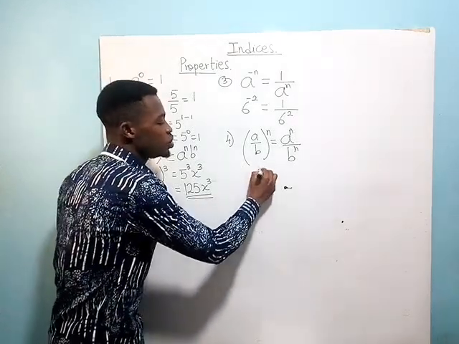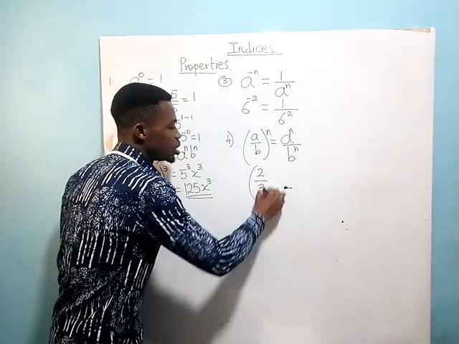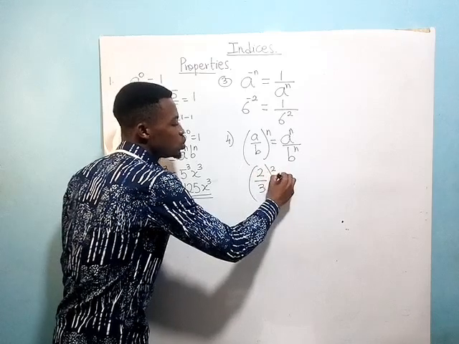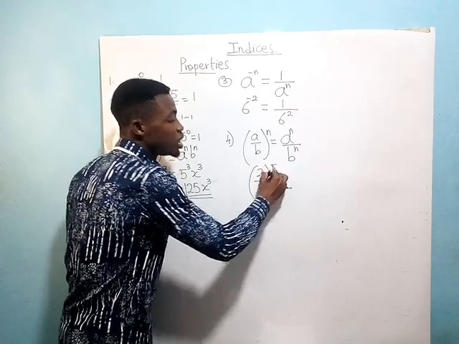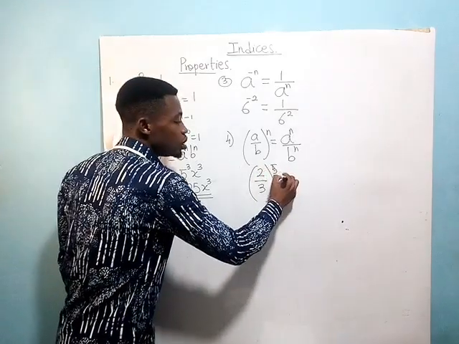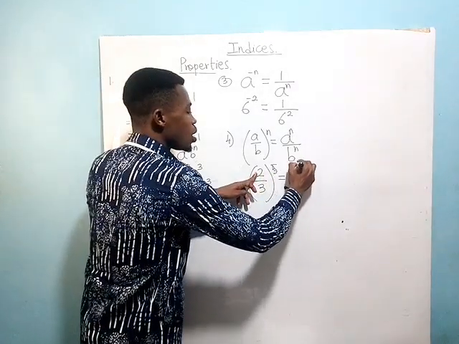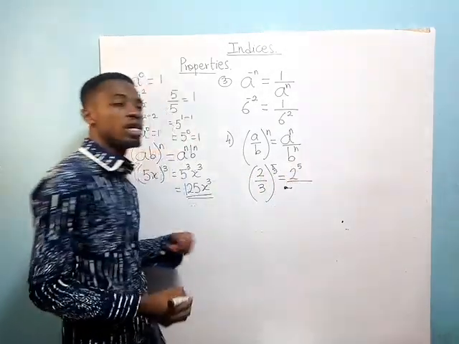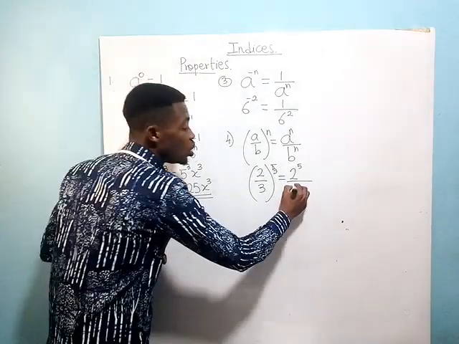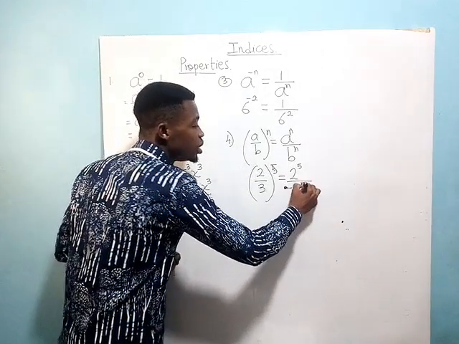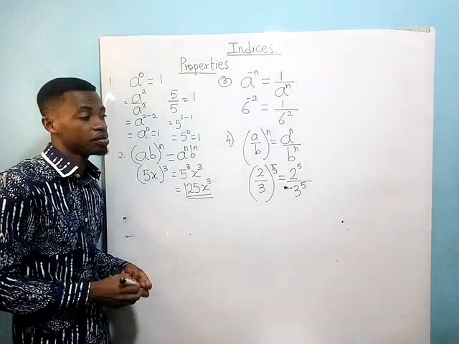So if I give you 2 over 3, all raised to the power 5, we are going to have 2 raised to the power 5 over 3 raised to the power 5.